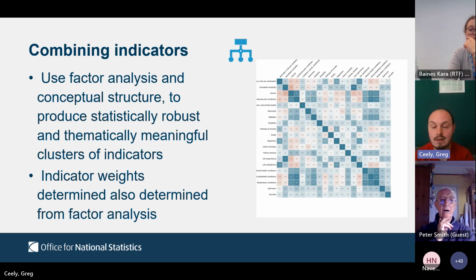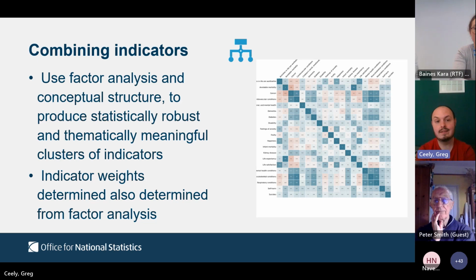Our initial version of the index back in 2020 was looking at including attainment at different key stages as different indicators, but we found they explained such similar variance in the overall model, this latent factor of health, that it wasn't sensible to include multiple when they were measuring such similar things. So we still include a measure of attainment. We've got attainment at GCSE level, but we haven't included these other levels to avoid redundancy in our indicators.